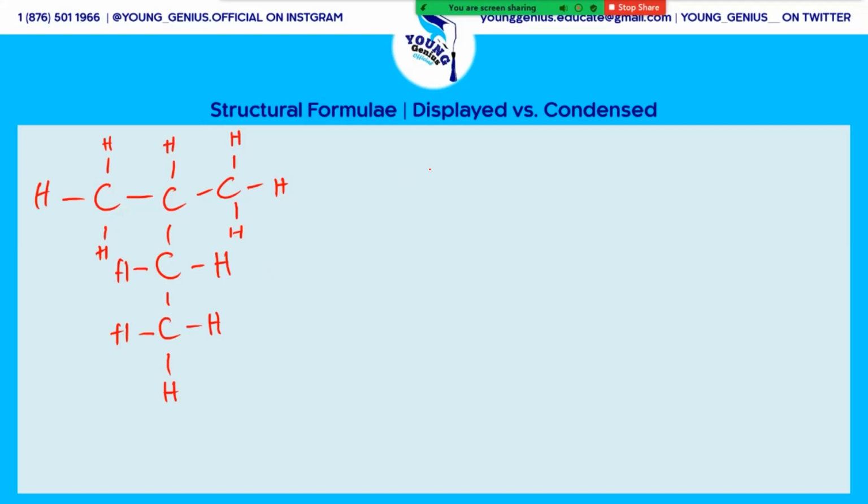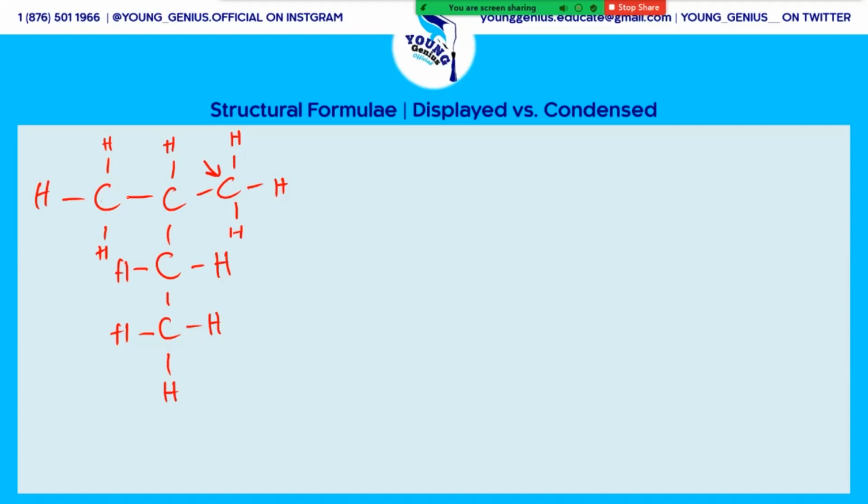Why is finding the longest chain important again? It's when you're naming the carbon: whenever you're naming an organic compound, you find the longest chain first. So in this case, 1, 2, 3, 4, this wouldn't be a branched propane compound, it would actually be a branched butane. So this would be the branch right here.